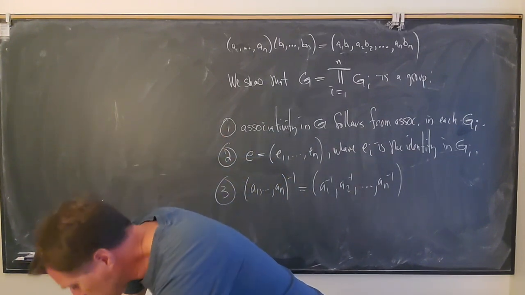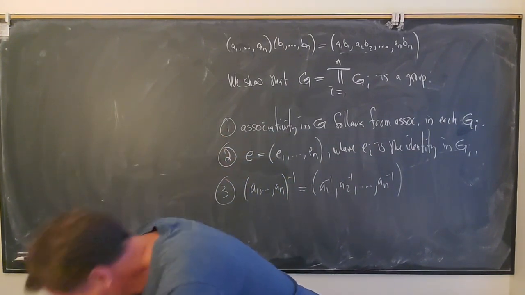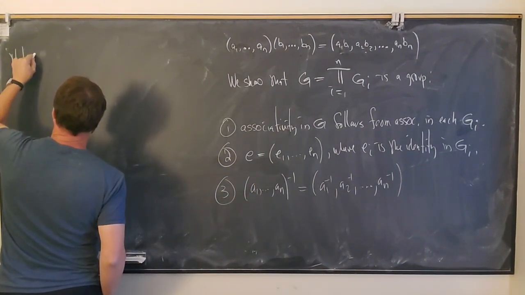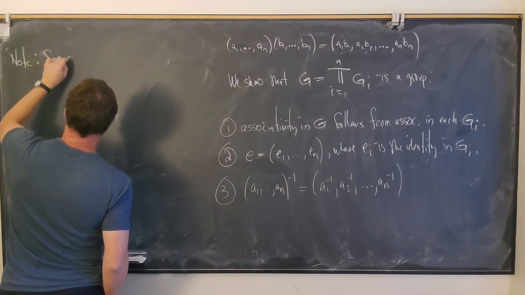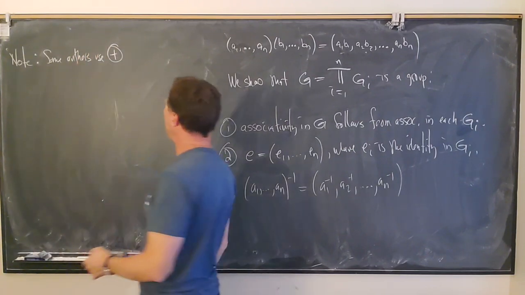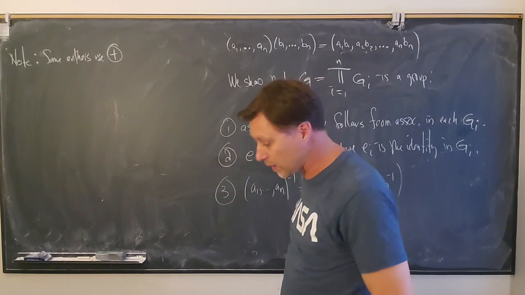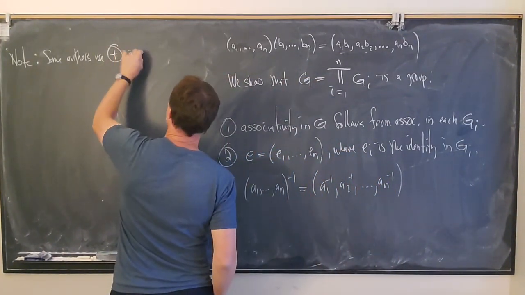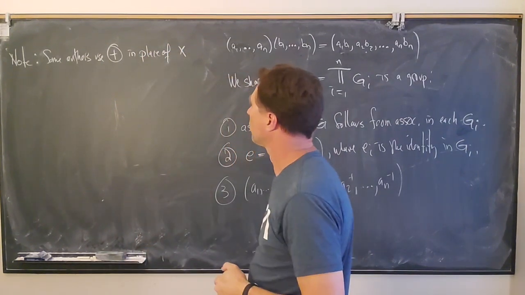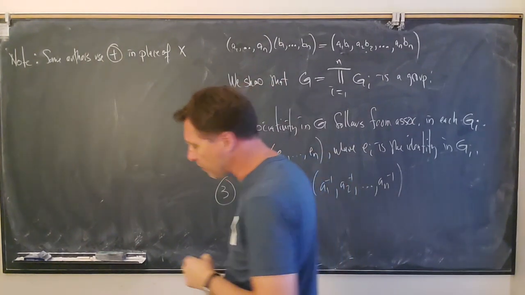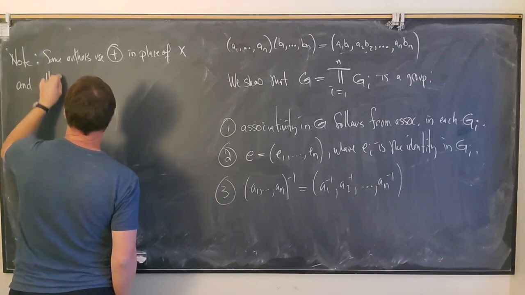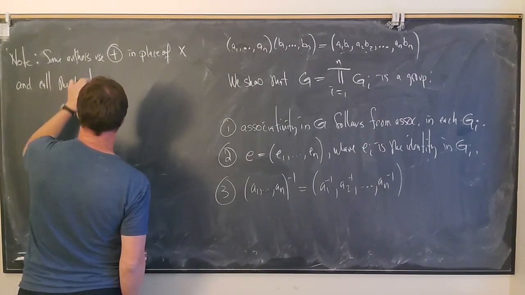I want a few remarks before I actually start doing examples. So I'll say note, some authors use this symbol, a plus with a circle around it, the circle plus symbol, in place of X. And then they'll call this the direct sum instead of saying direct product.